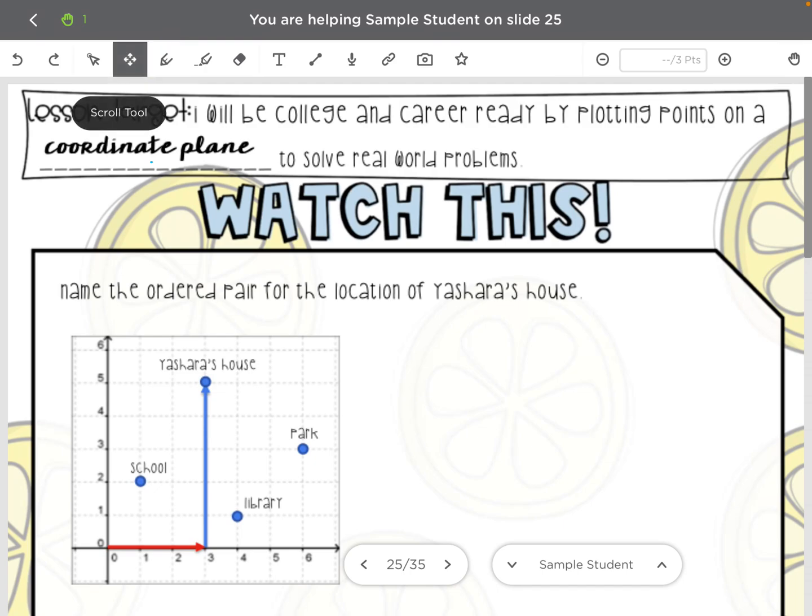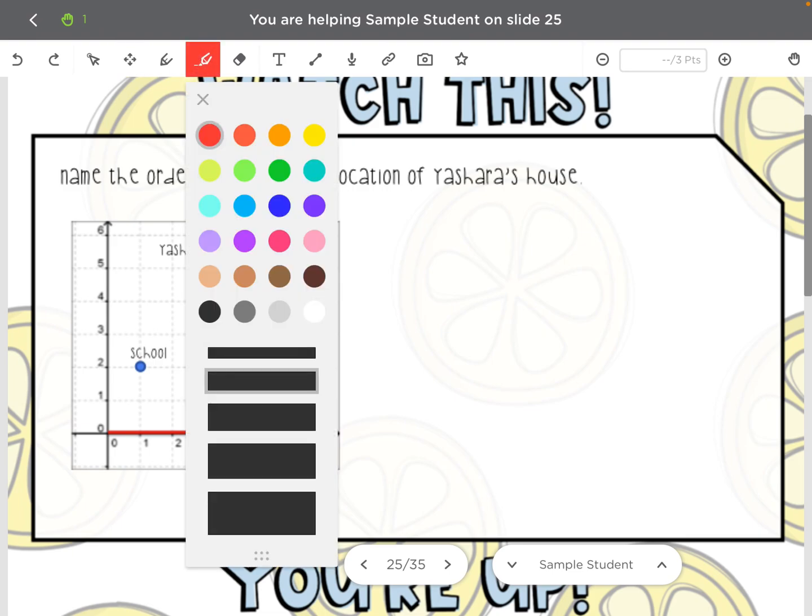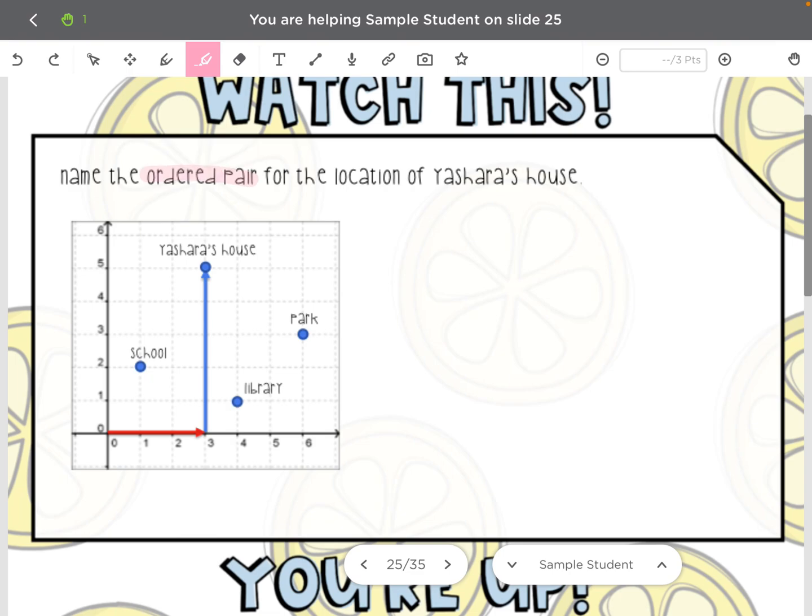Okay, so now we're going to use all those words and actually apply them. Here it wants us to name the ordered pair of the location of Yashara's house. If we remember, the ordered pair is the x-coordinate and the y-coordinate. The x goes horizontally and the y goes vertically.